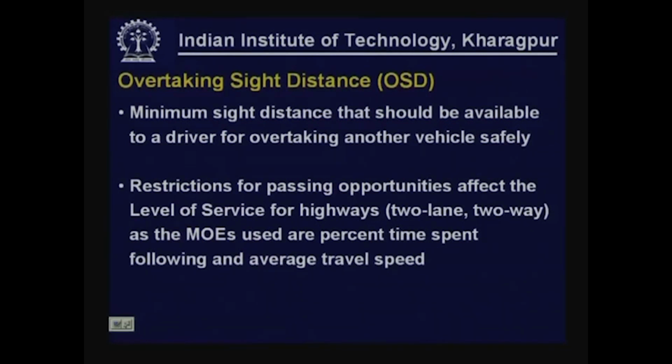Why is it necessary to provide overtaking sight distance? Wherever there are two-lane roads with two-way traffic movement, often vehicles moving at higher speed are required to overtake slow moving vehicles. This requirement is more when the traffic is heterogeneous in nature.